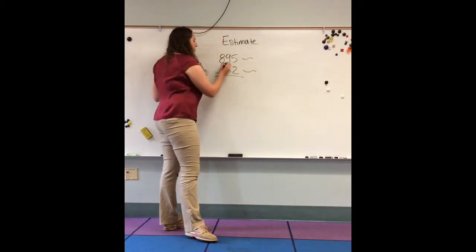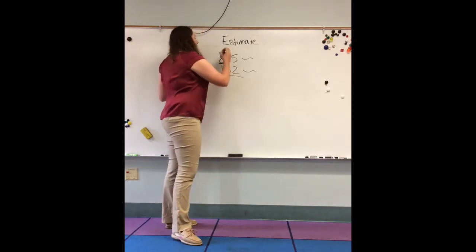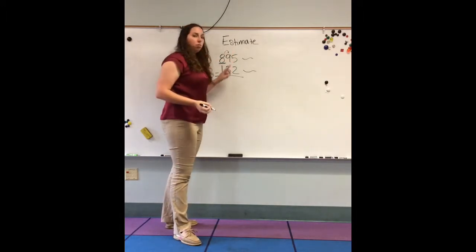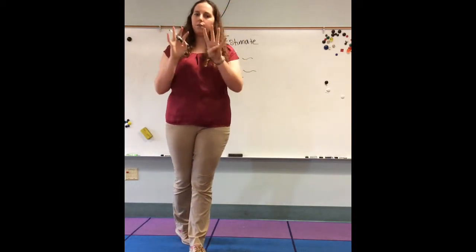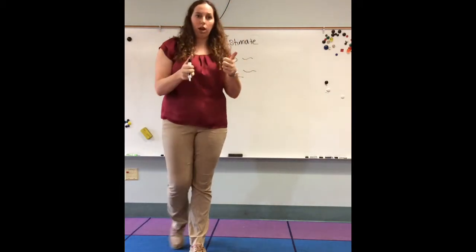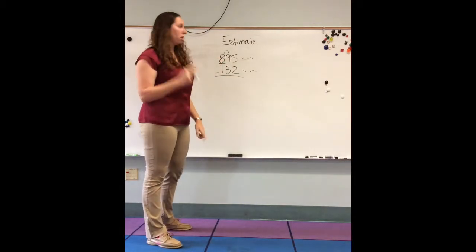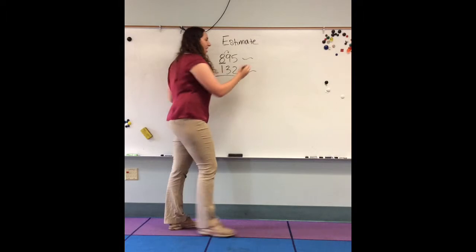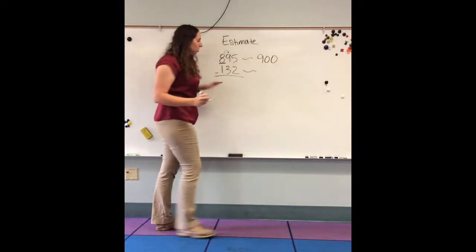Well, 895, we're going to look in our biggest place value. That's our hundreds place. Look over to the one next to it. Hey, remember our rhyme. 5 or more, raise the score. 4 or less, let it rest. Okay? Well, in that tens place, there's a 9. That's definitely 5 or more. So that 9 is going to make that 8 raised by 1. The rest becomes zeros.